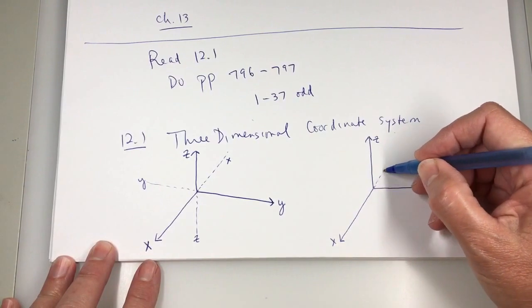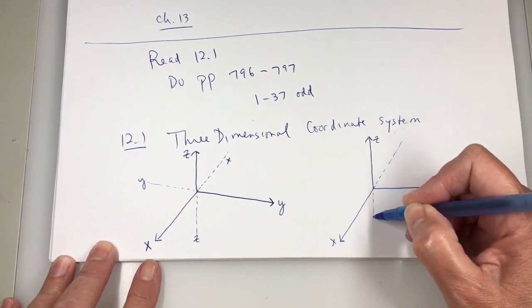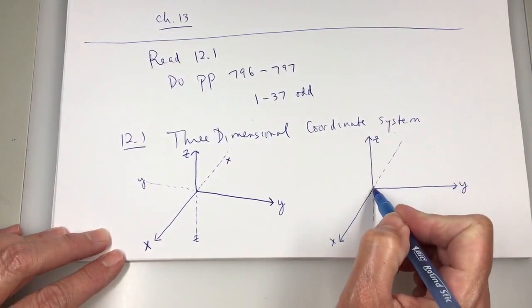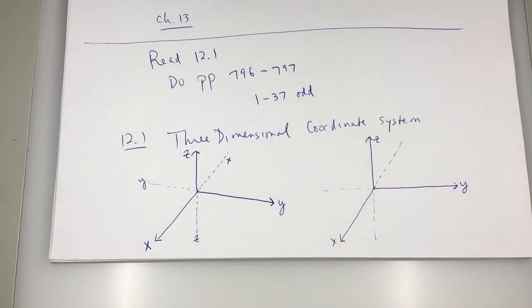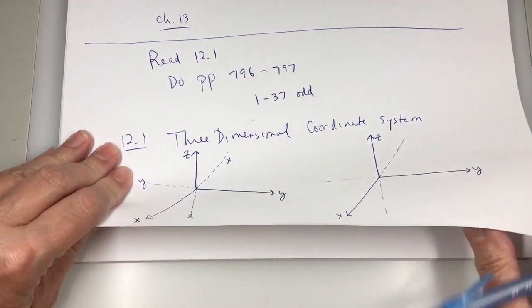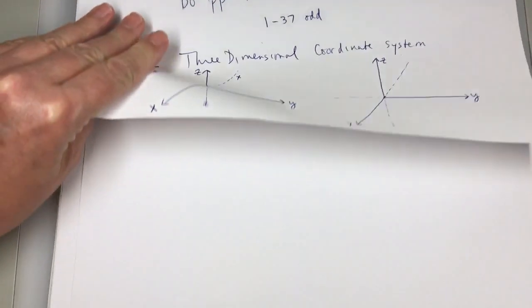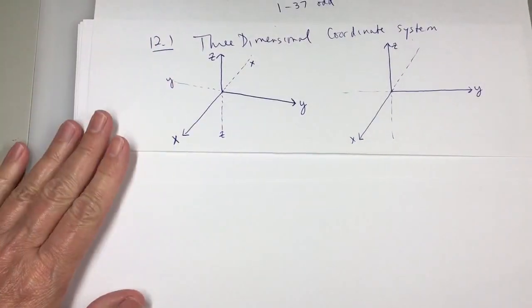So here, if I put in my little dotted lines, I'm on the negative side. And so let's do some point plotting. In 2 space, you had an XY pair. And in 3 space, we have an ordered triple.